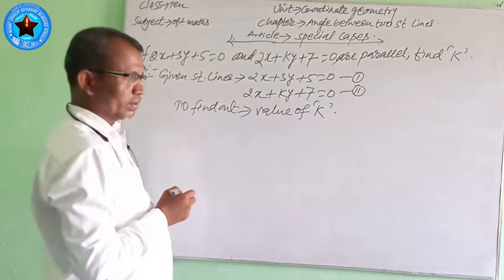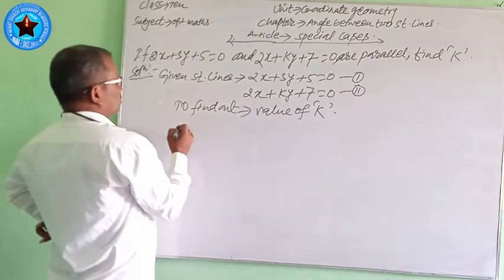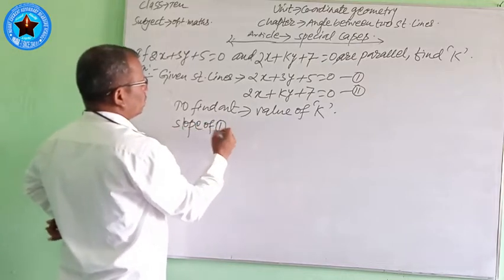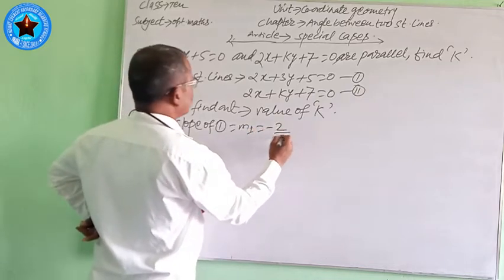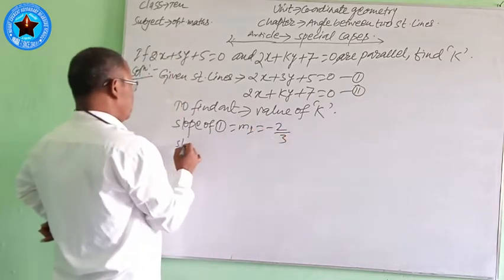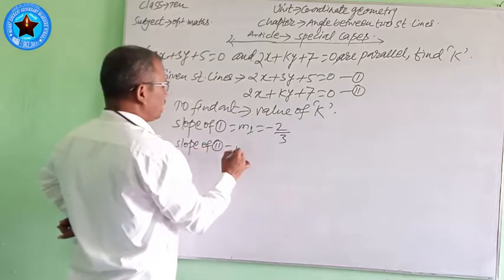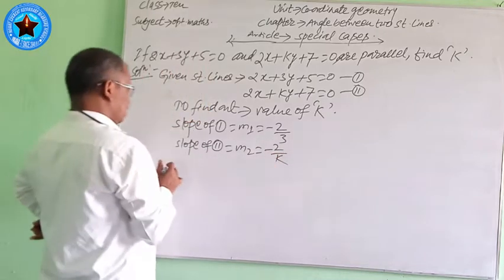Slope of 1, that is m1 equals minus 2 by 3. Slope of 2, m2 equals minus 2 by k.